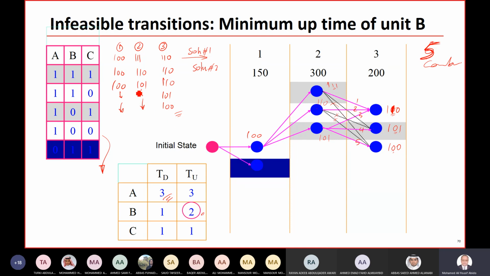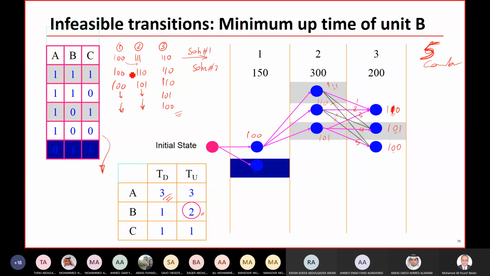For example, if you move from this 0 to this one, you will start up machine number 2 or unit B, and then for this link you have to add the startup cost of unit B. And this one also will be switched on. And to move from this to this, you have a startup for machine number B and machine number C. So you have to add the startup costs together here.